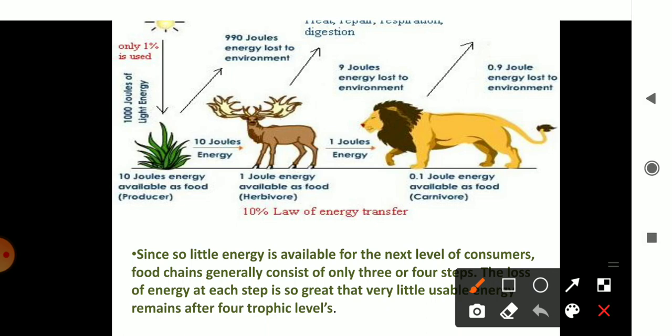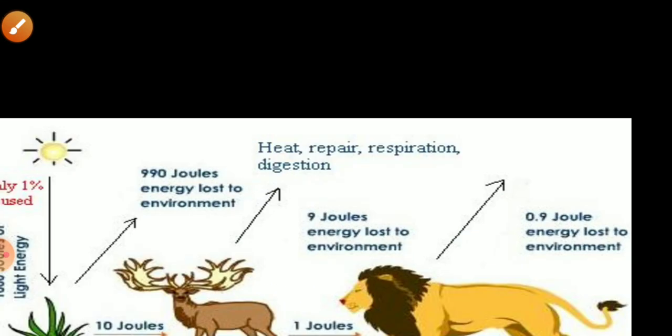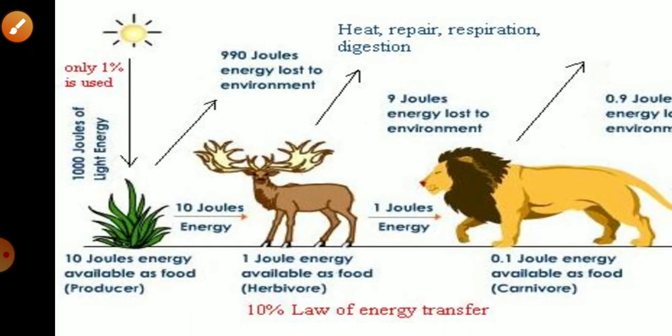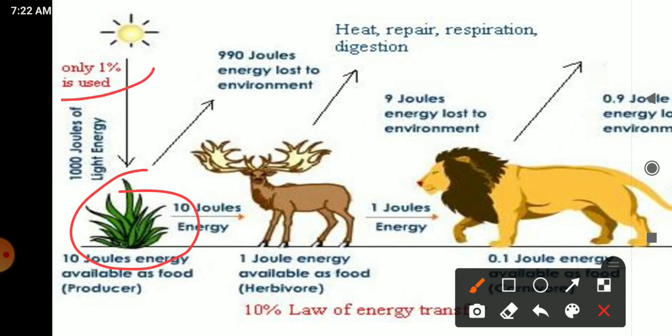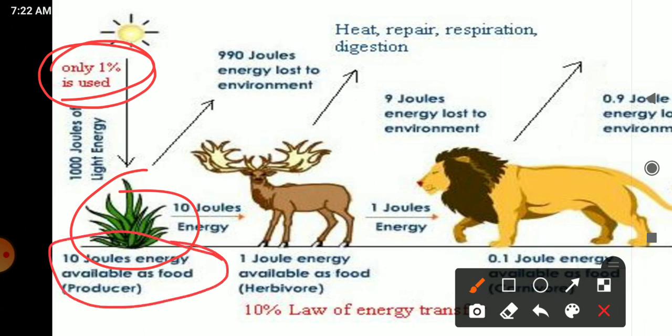First of all, remember that of the total amount of light energy that falls on the plant, only 1% of the total energy will be used up by the plants to make food by photosynthesis.